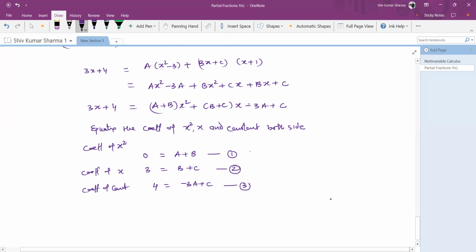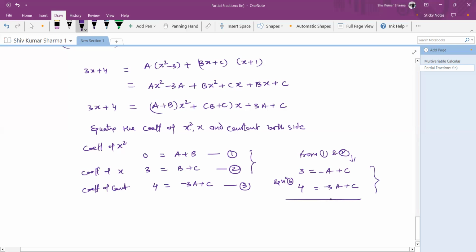So from 1 and 2, we put a equal to minus b. So that means b equal to minus a. So 3 equal to, in place of b we put minus a plus c, and equation 3 we write down as 4 equal to minus 3a plus c.